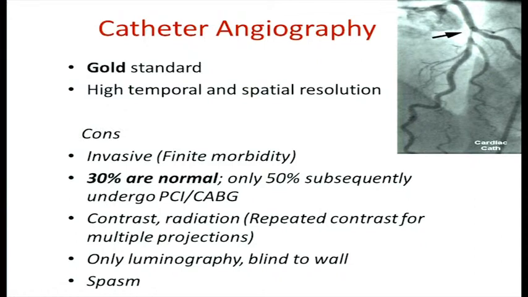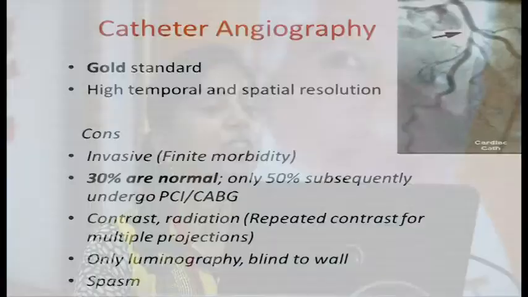But it is an invasive procedure, has a finite morbidity, and let's not forget that one third of these investigations will turn out to be normal and only half of the patients will undergo an intervention. Also, you require a lot of contrast, multiple injections need to be done, and there is radiation involved.